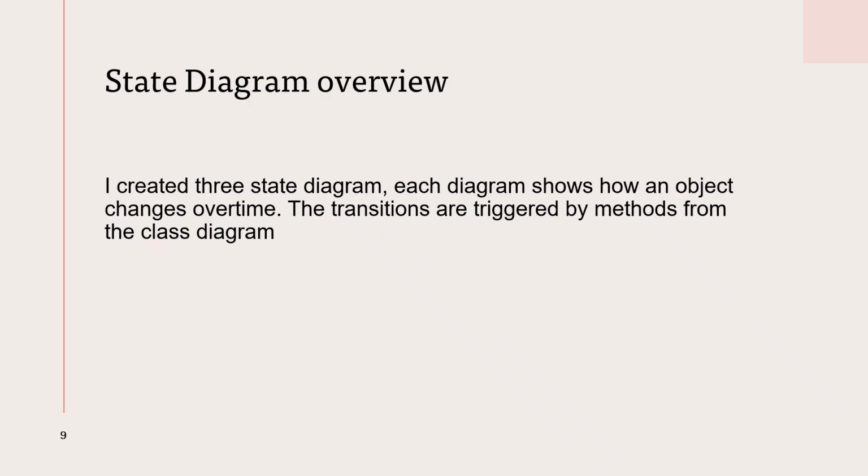Next would be the group life cycle diagram, and what that does is it shows how a group goes from created, active, archived to deleted. And then my final state diagram would be the search diagram, and that will show how the system behaves when the user performs searches. Each state transition is triggered by a method that already exists in the class diagrams, the ones that we talked about earlier within the previous slides. And all the diagrams are consistent as well.